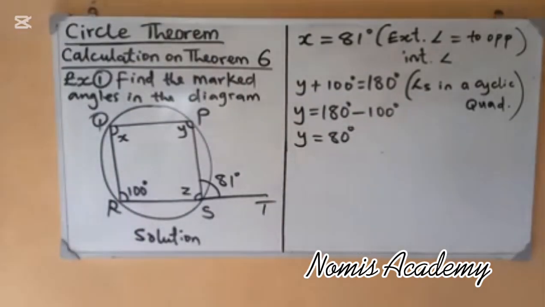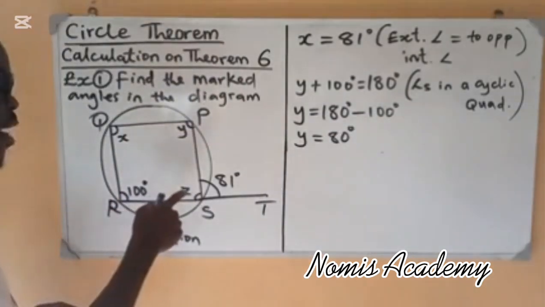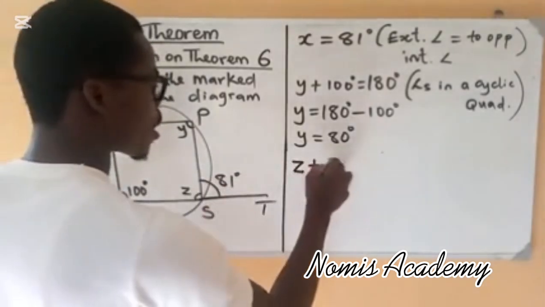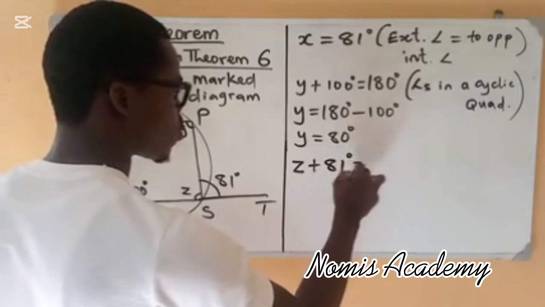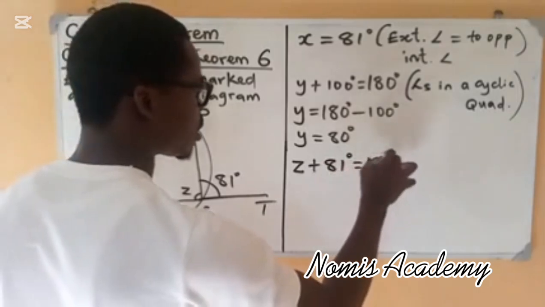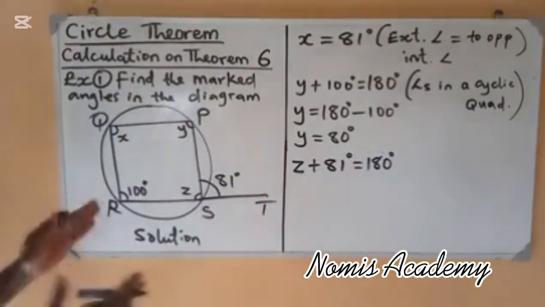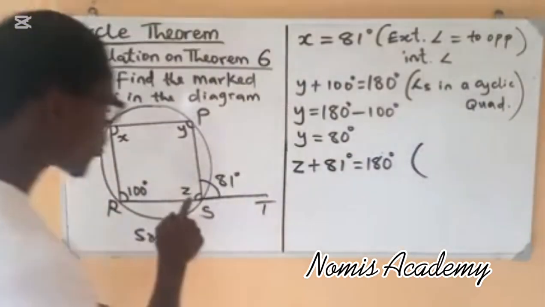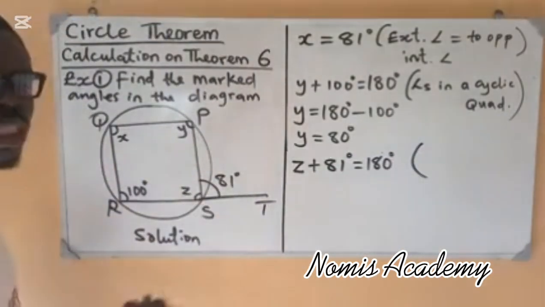Then finally, to find Z, we say Z plus 81 degrees is equal to 180 degrees. And what's the reason behind this statement? The reason is that both angles are on a straight line.